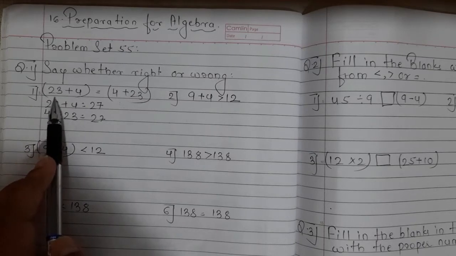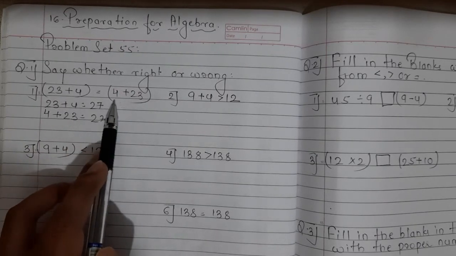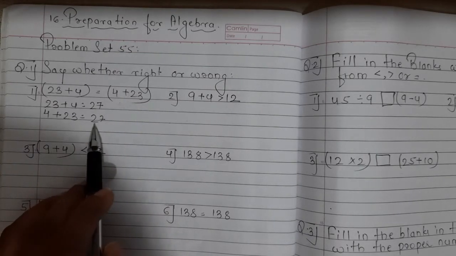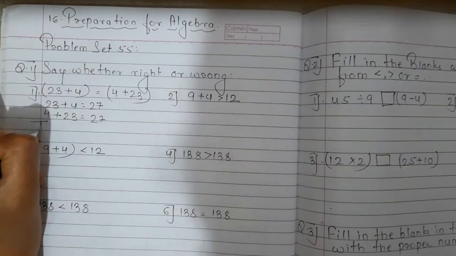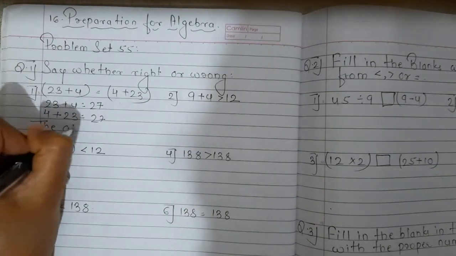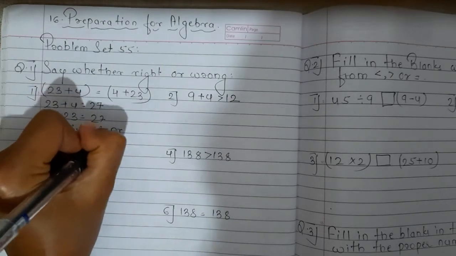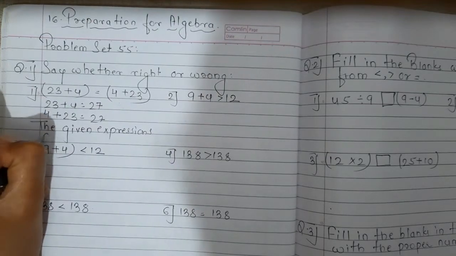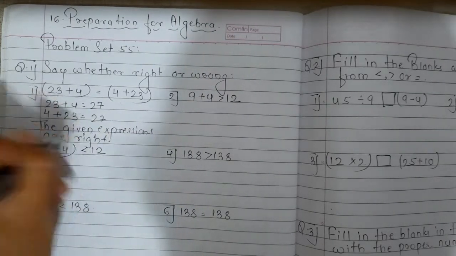This means the given expression 23 plus 4 is equal to 4 plus 23 is right. Understood? So you have to write the given expression is right.